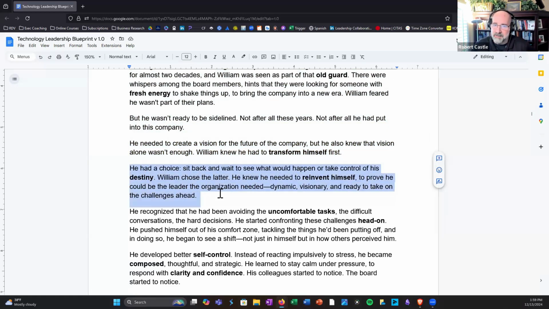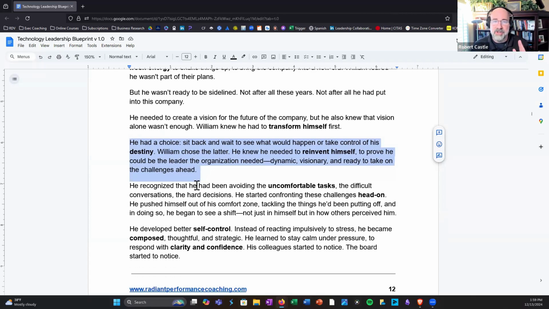He had a choice: to sit back and wait, to see what would happen, or to take control of his destiny. And William chose the latter. He knew he needed to reinvent himself to prove he would be the leader the organization needed, dynamic, visionary, and ready to take on the challenges ahead.